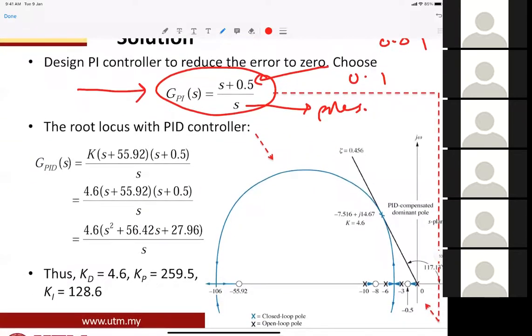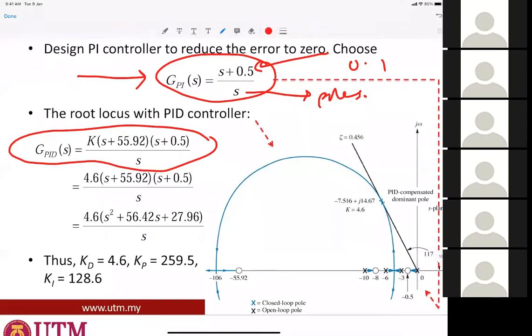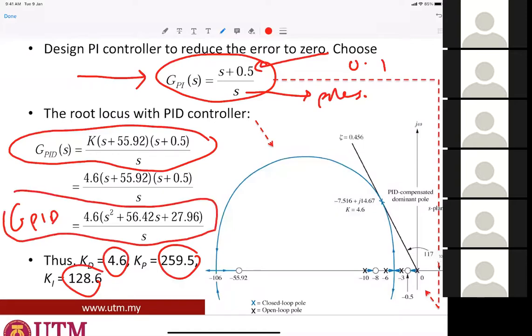Then you cascade it together, and then you draw, and you will get KD at 4.6, KP is 259.5, and KI is 128.6.